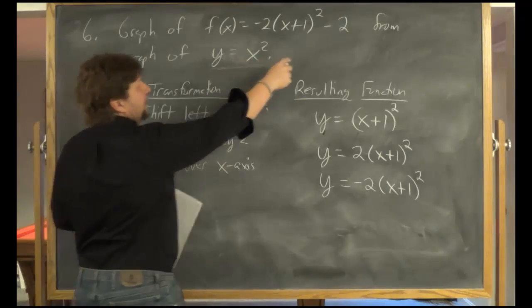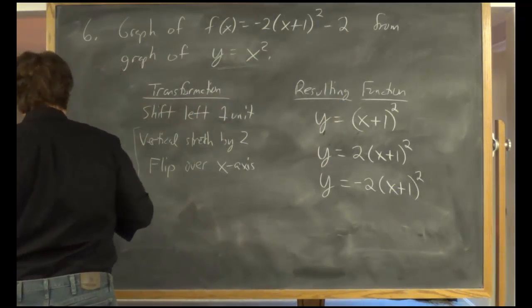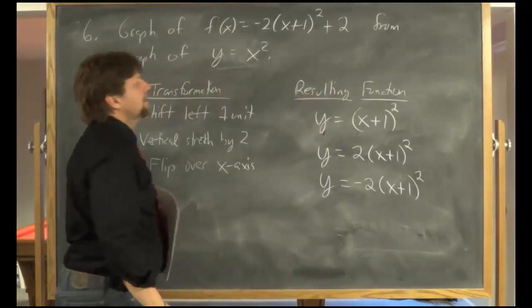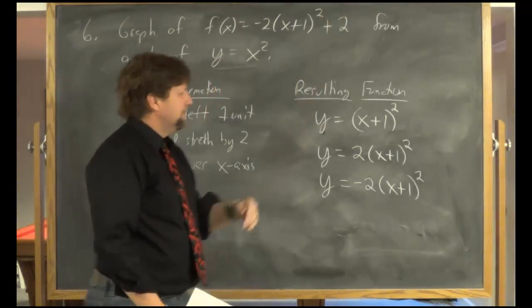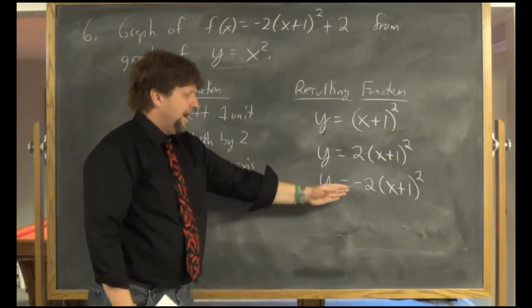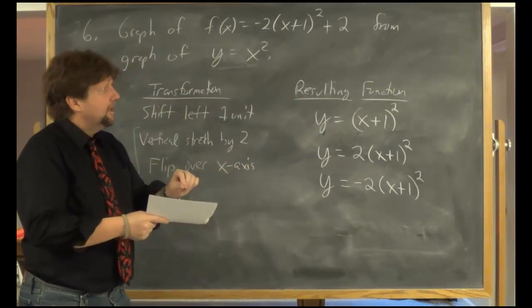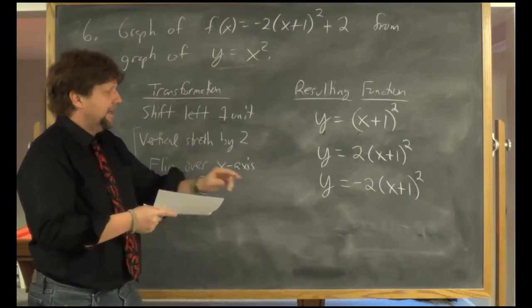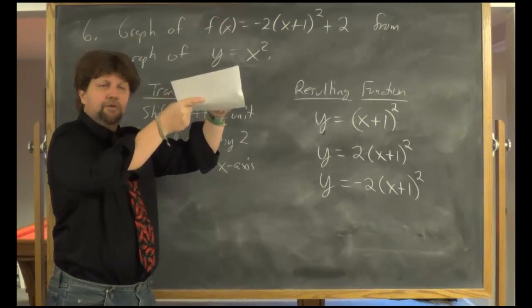Finally, the only thing we have to do is take care of the plus 2. I'm sorry, I said minus 2 and that should be a plus 2. So to take care of this plus 2, all I have to do is take where I'm at right now, and that plus 2 is a vertical shift. Since it's a plus 2, I'm going to move it up 2 units.